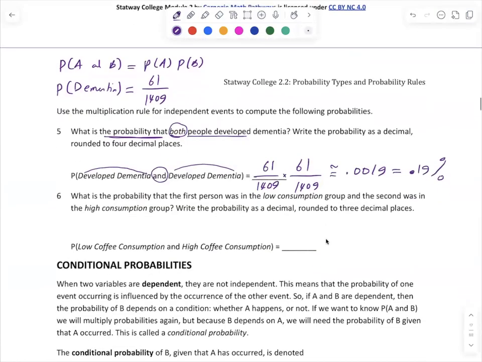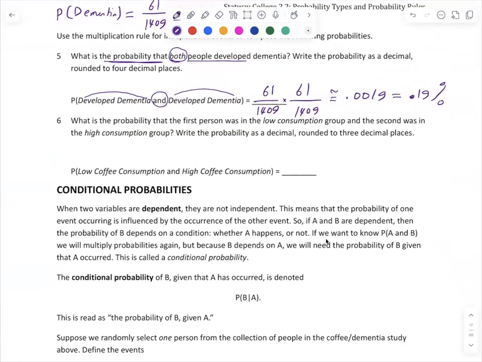Okay, perfect. Now the question is, if I ask you to find the probability that the first person was in low coffee consumption group and the second person was in high coffee consumption group, what is that probability?